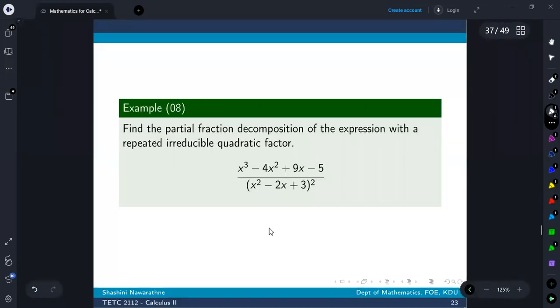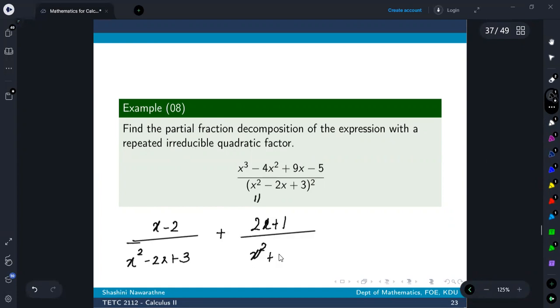And there is one more example. So I need you to practice this one as well. So try to obtain the answer. I will write the answer. The partial fractions are x minus 2 over x squared minus 2x plus 3, plus 2x plus 1 over x squared minus 2x plus 3 to the power 2.